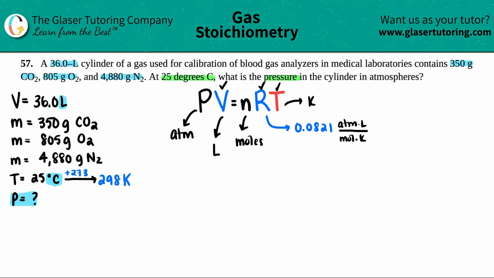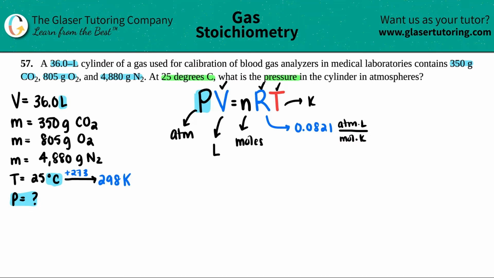Now remember, we're solving for the pressure. So that means I have to know these moles. Well, here's a new idea, guys. I think all the questions before this, we were dealing with one gas in a vessel with the given volume. So if we were dealing with one gas, we were dealing with that amount of moles.